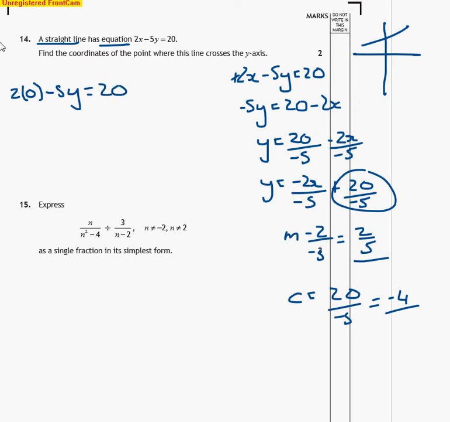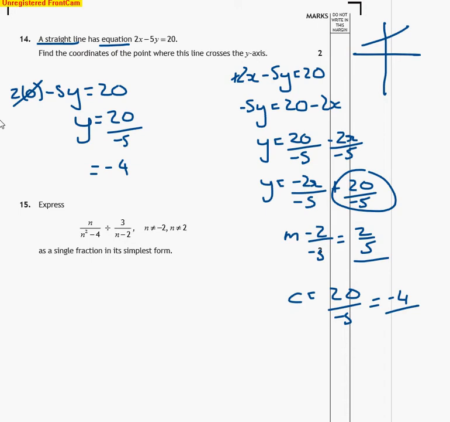So what's the value of y when x is 0? 2 zeros are 0, minus 5y is 20. So y is equal to 20 divided by minus 5, which is minus 4. Okay, so that's simpler, but it does require a wee bit of thought.